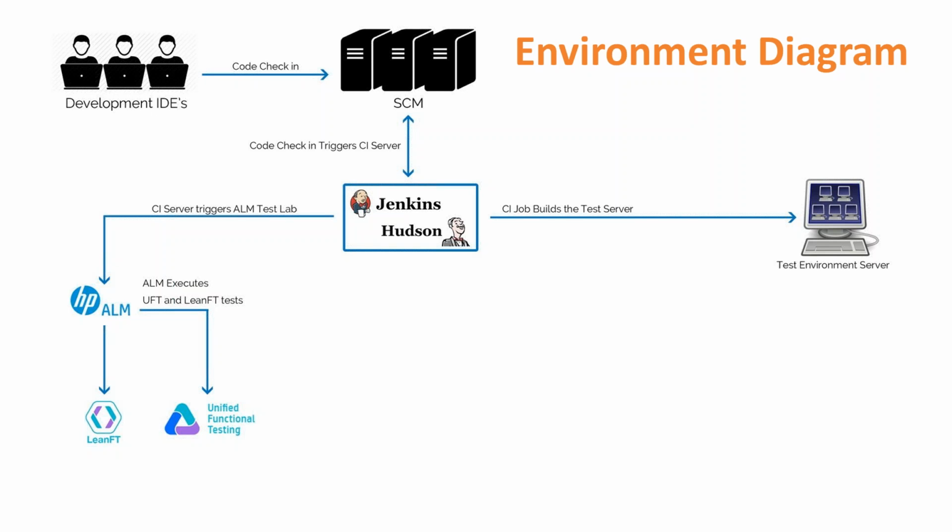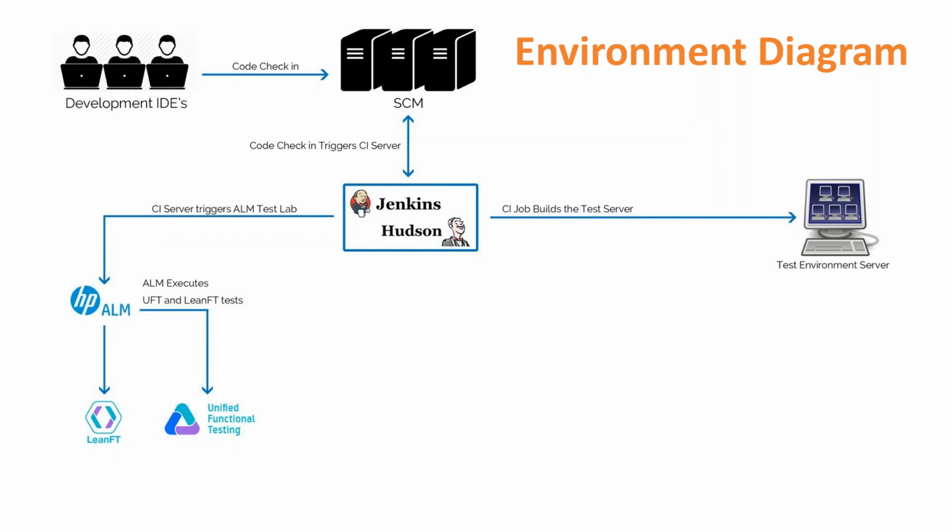There's an ability for LeanFT and UFT to kick off Selenium tests, so you could actually have even further robustness as far as tying into some of these tools, but utilizing the HP tools as a catalyst to get them started.